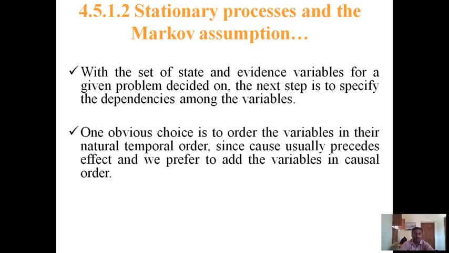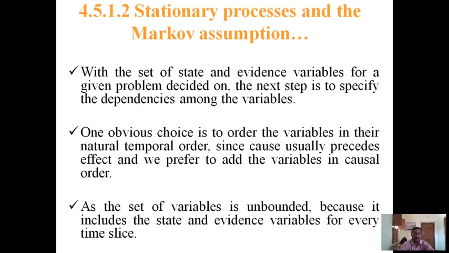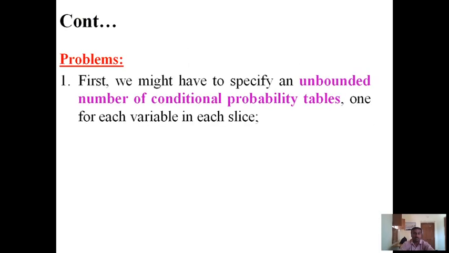One obvious choice is to order the variables in their natural temporal order, since cause usually precedes effect, and we prefer to add the variables in causal order. The set of variables is unbounded because it includes the state and evidence variables for every time slice. Problems: first, we might have to specify an unbounded number of conditional probability tables.